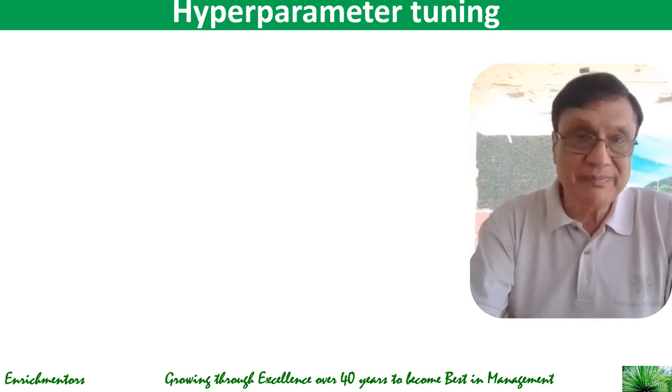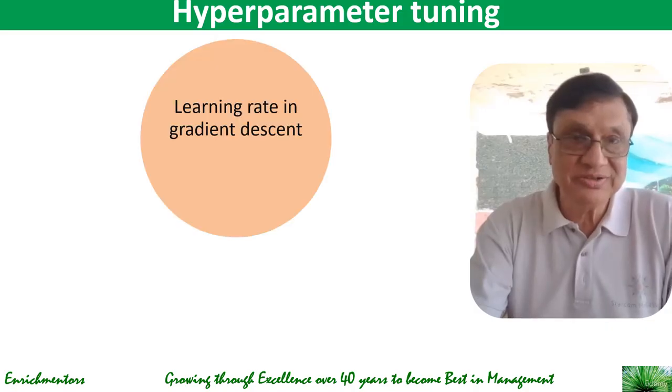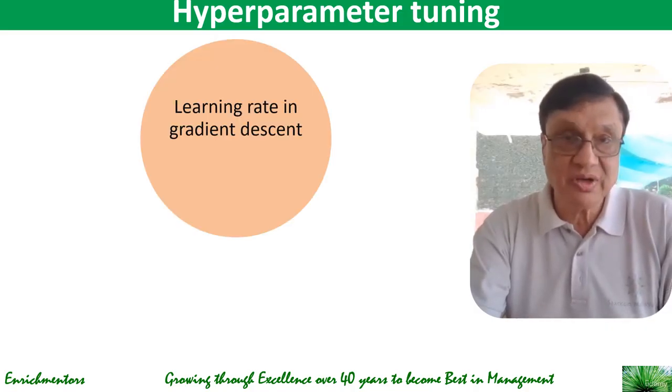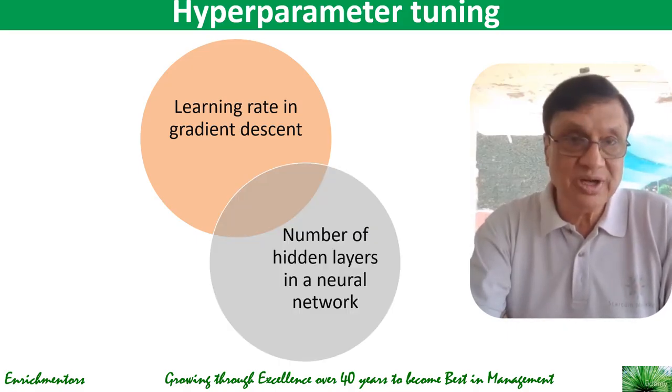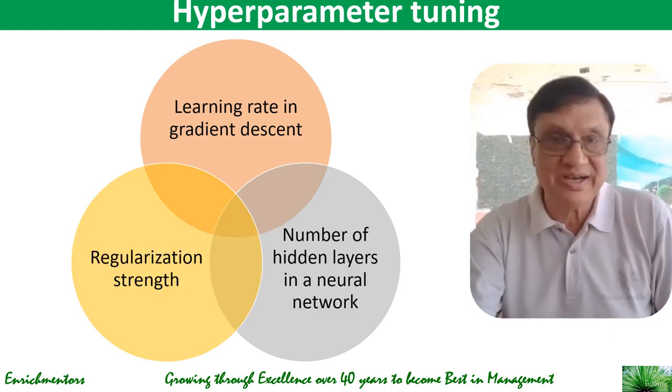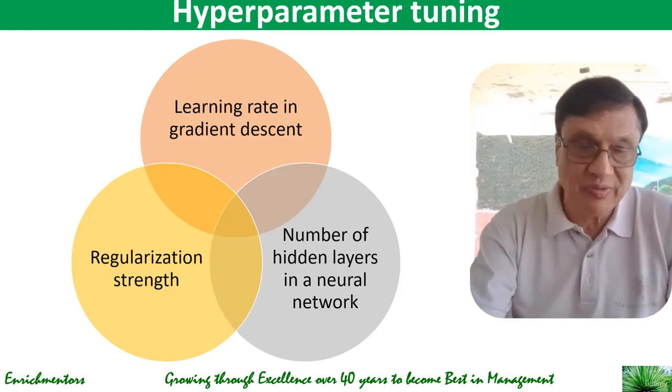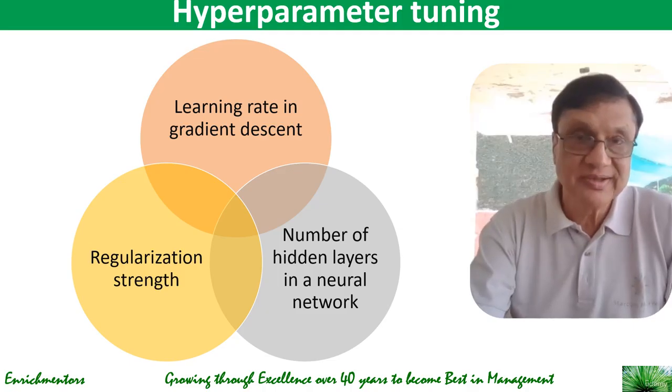Now, what are examples of such hyperparameters? One of them is the learning rate in gradient descent that we will cover in this lecture in greater detail. Second is the number of hidden layers in the neural network, which we will talk about in the next one. And then there is the regularization strength that we will cover in the subsequent lecture.